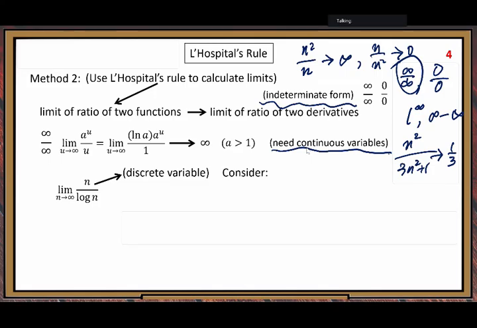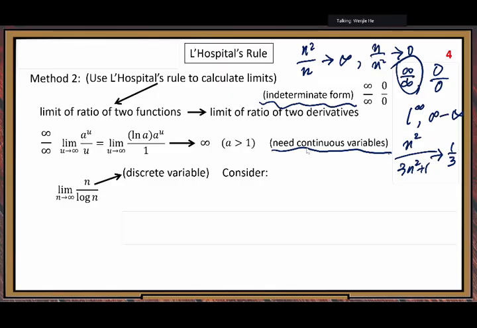But we don't want to throw away the powerful tool of L'Hopital's rule. If, for the reason of this discrete variable, you cannot apply L'Hopital's rule, then it's not good.